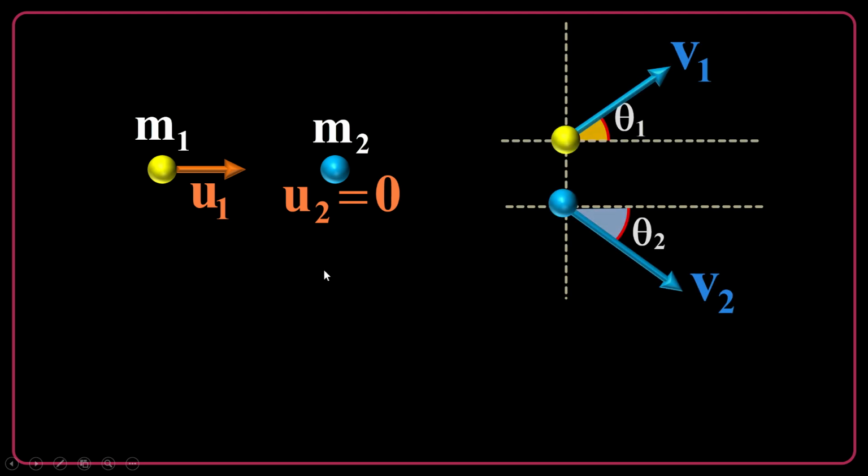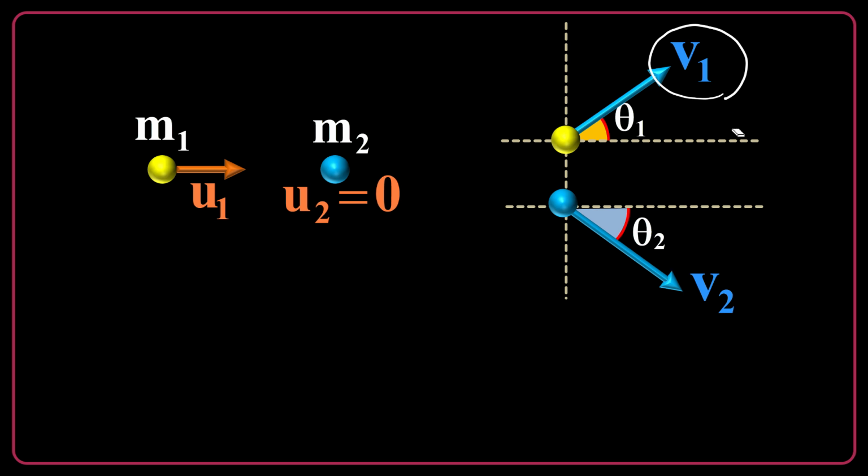After the collision, they will generate a couple of new vectors. Here you see the velocity of the first ball as a vector v1 making an angle of theta 1 to the horizontal, and the velocity of the second ball making an angle of theta 2 to the horizontal.